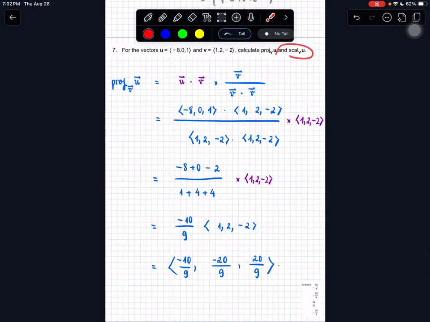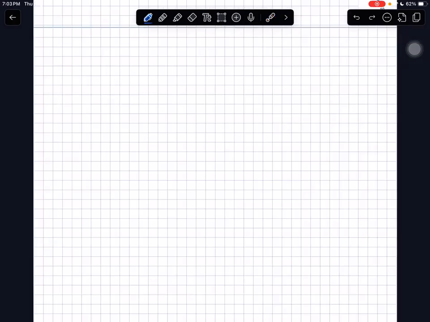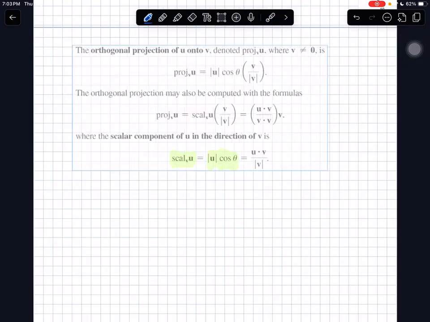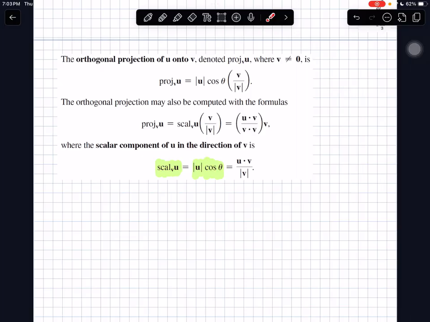Now about the scalar component. We have this formula, so we can use either one of them. The first formula is the length of u times cosine of theta, and the second formula is u dot v divided by the length of v.